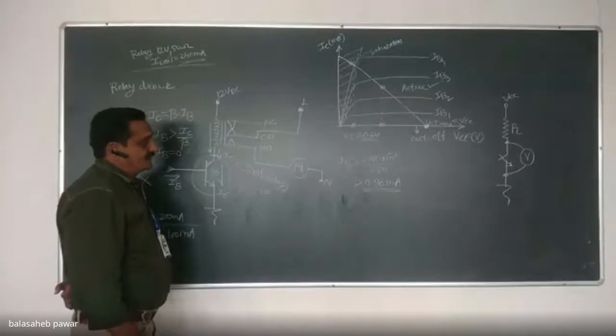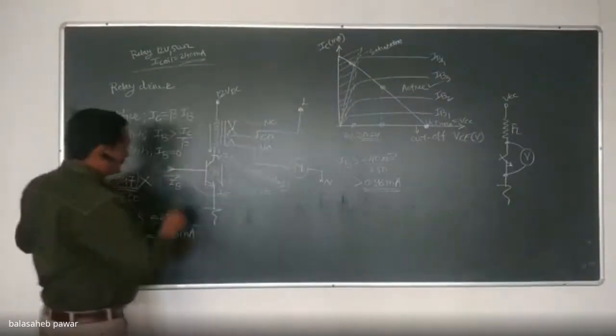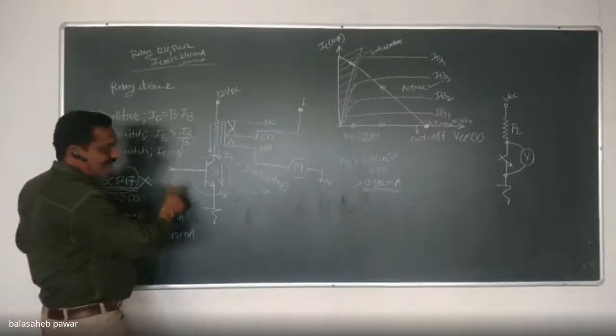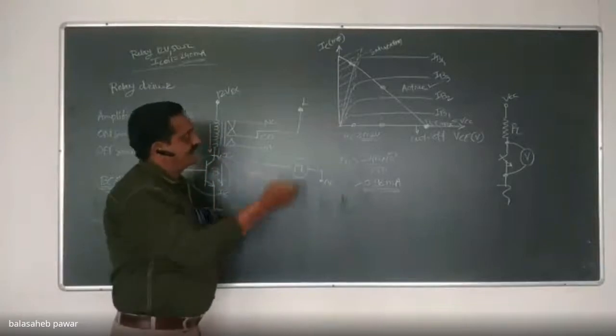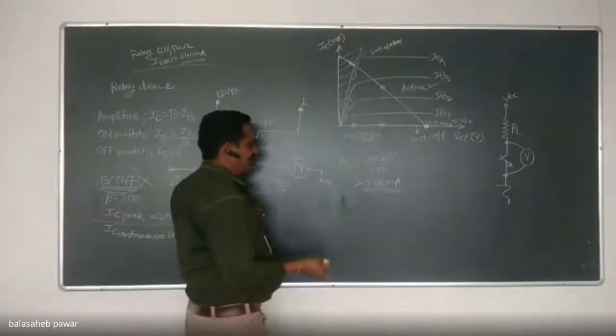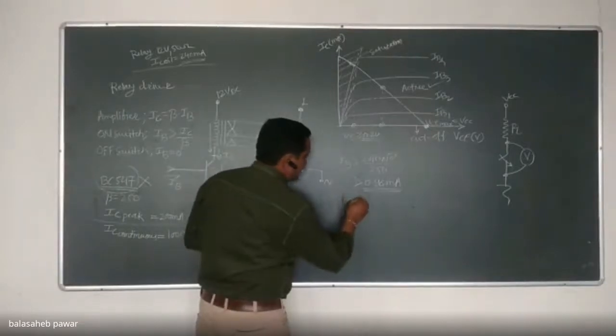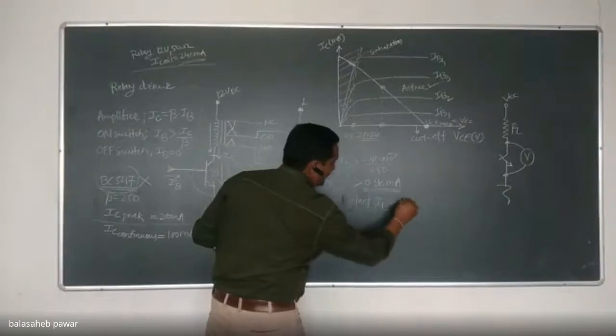So looking at this calculated value, what we can conclude: whenever we apply a base current greater than 0.96 milli, the transistor will get forced into the saturation region. Am I right? And hence, in the design, what you have to do is select IB equal to, suppose, 1 milliampere.